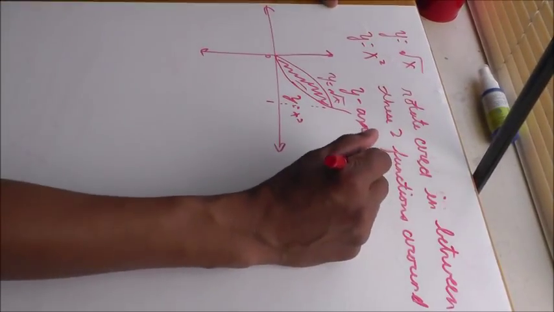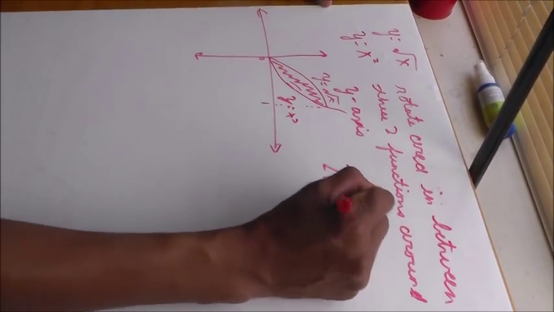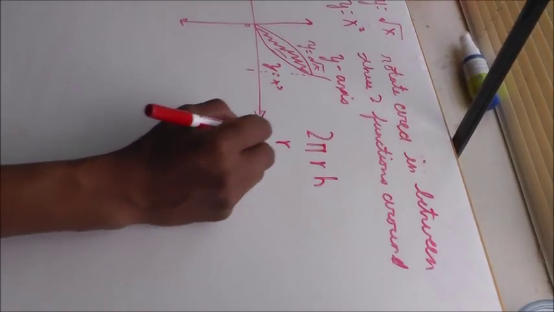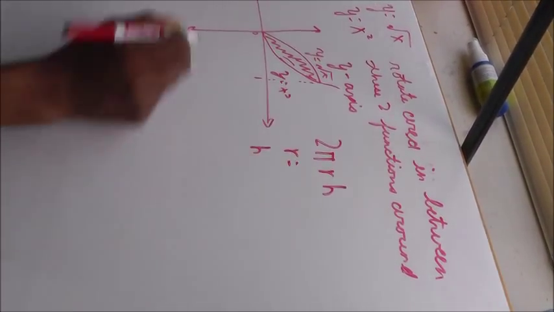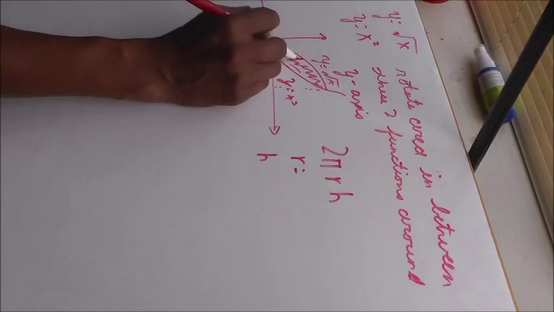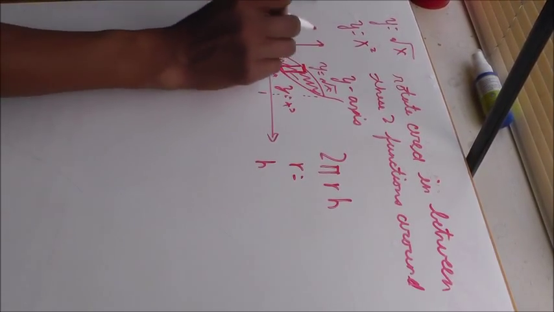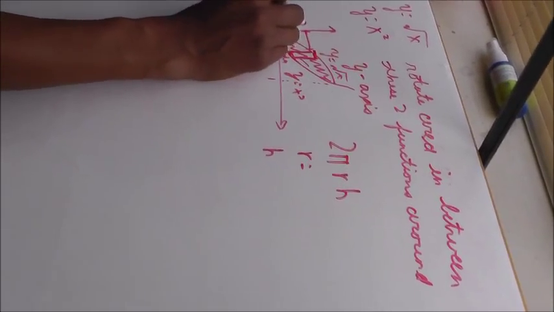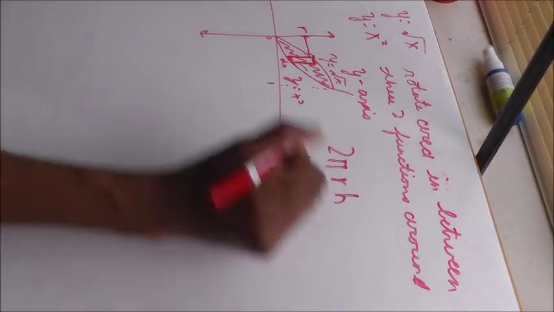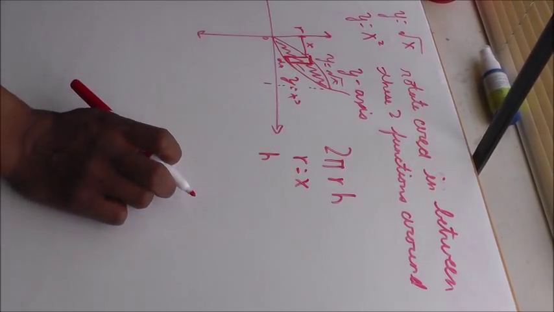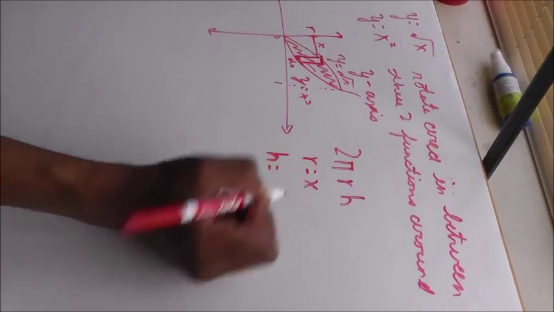Remembering our formula from earlier, 2 pi r h, we have to find an expression for r and h. In this case, if we take this sliver dx, r is still x, a distance x in this case, but h is a little different.